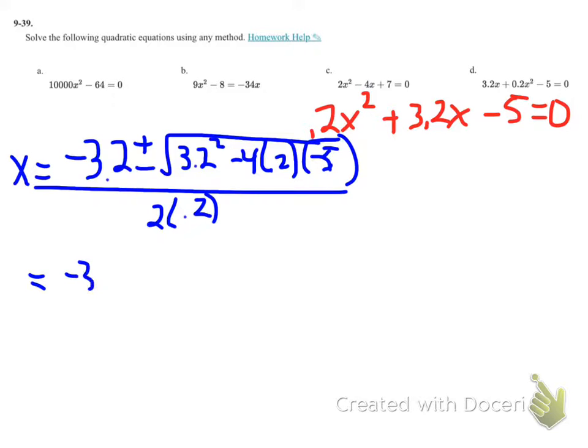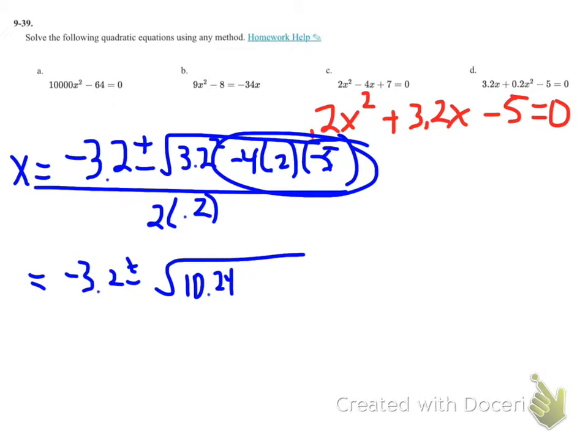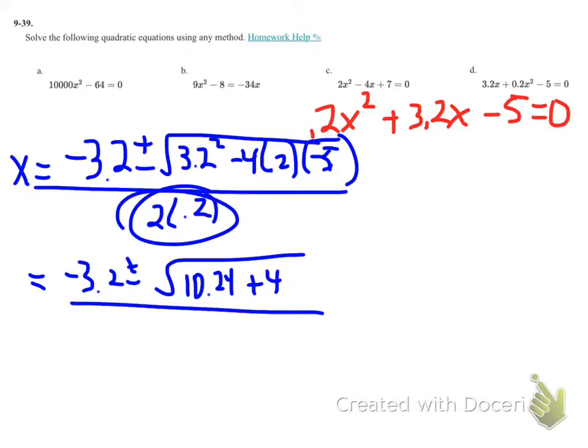That'll give me a negative 3.2 plus or minus the square root of, squaring that gives me a positive 10.24. And a negative 4 times 0.2 times a negative 5 is also going to give me a positive. It's a positive 4. All over the denominator here, which is going to end up being 2 times 0.2, which is 0.4.